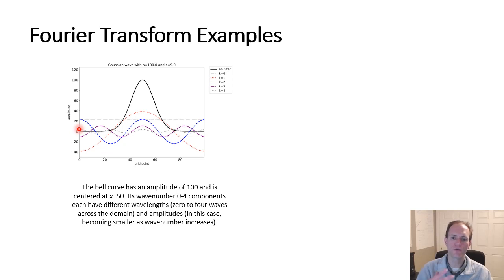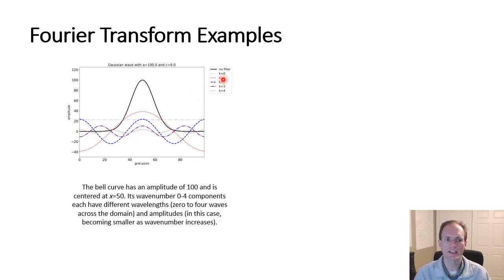I can use a Fourier transform and take that data set and write it in terms of a bunch of different terms. One that has wave number 0, one that has wave number 1, wave number 2, wave number 3, and so on and so forth, all the way until the highest possible wave number with the shortest possible wavelength.